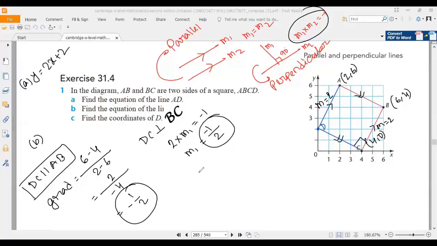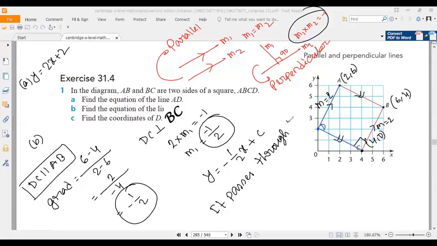Now, we need to find the equation. We know that y equals mx plus c is the general equation of a straight line. So if the gradient is -1 by 2, then it will be y equals -1 by 2x plus c. And this line passes through C, which is 4, 0.